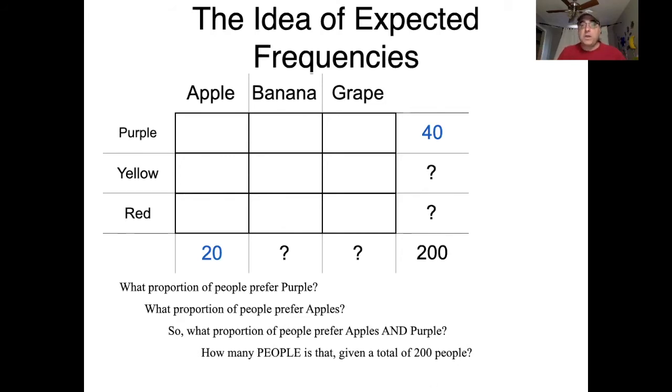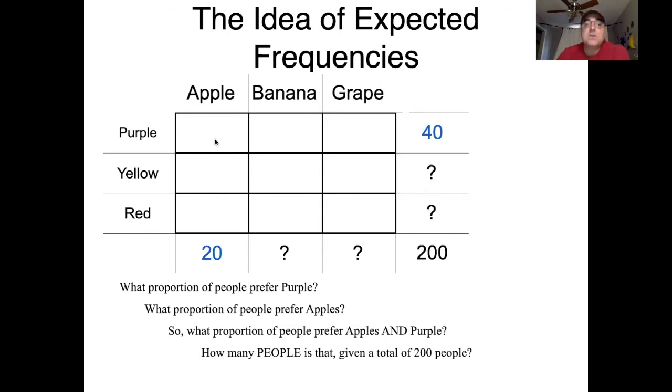The only thing that we know is that of these 200 people that were asked, 40 of them said that their favorite color was purple, and 20 of them said that their favorite fruit was an apple. Okay? With only this information, I can figure out how many people I would expect to be apple purple people if there's no relationship between your favorite fruit and your favorite color.